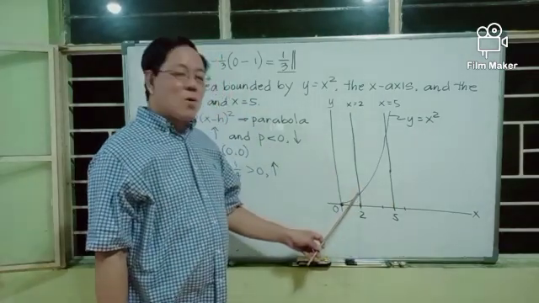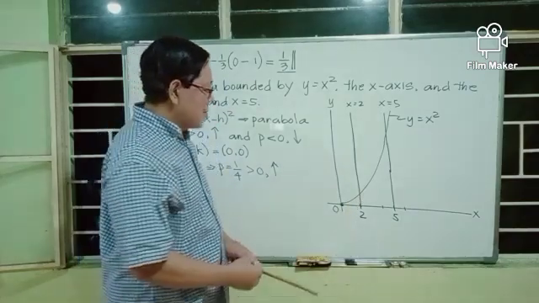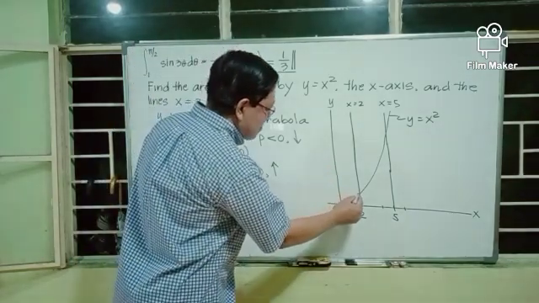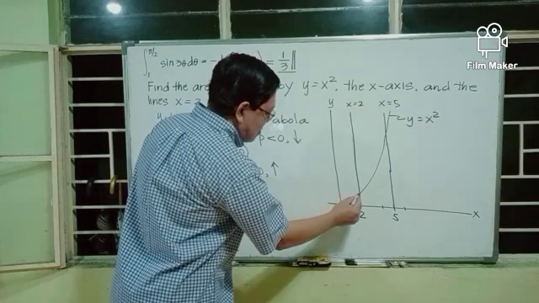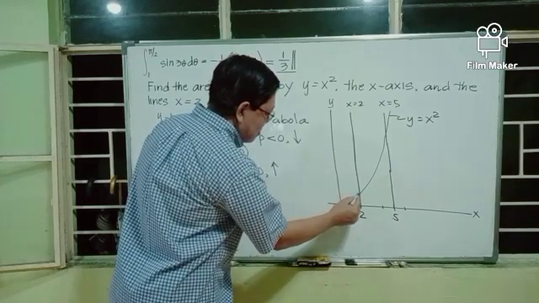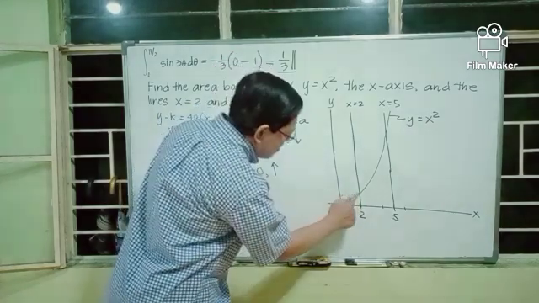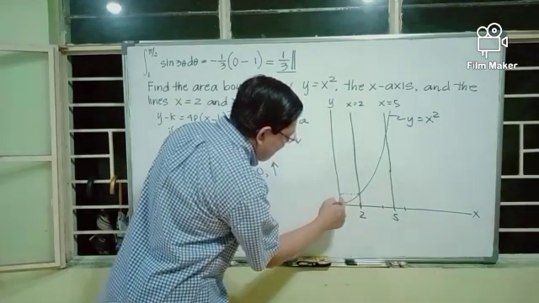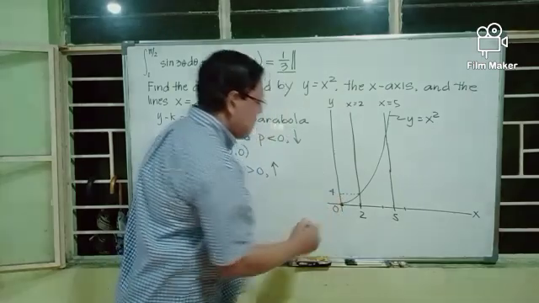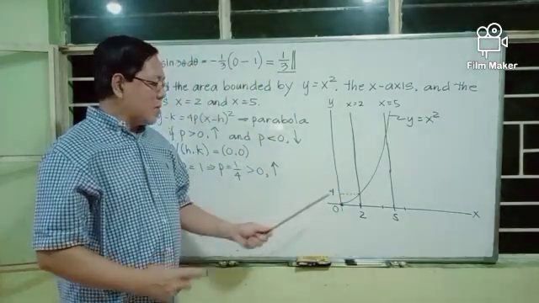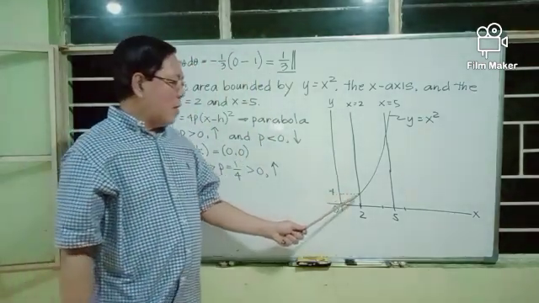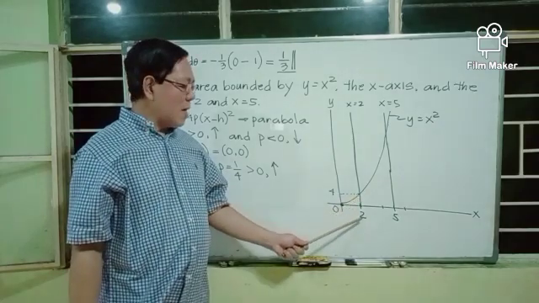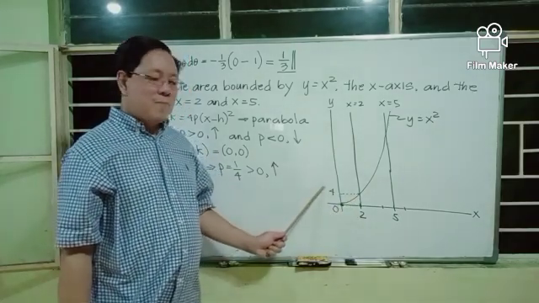So this point has coordinates (2, 4). This point on the y-axis is 4, and this point has coordinates x is 2 and y is 4.